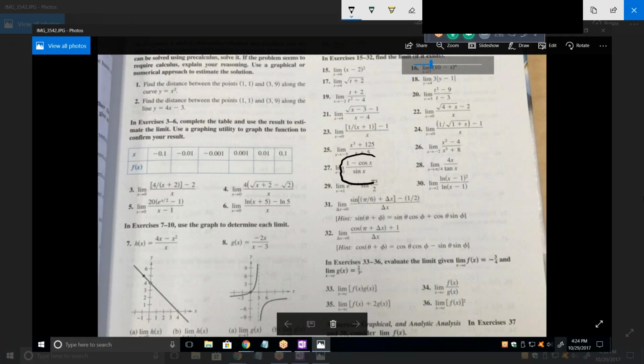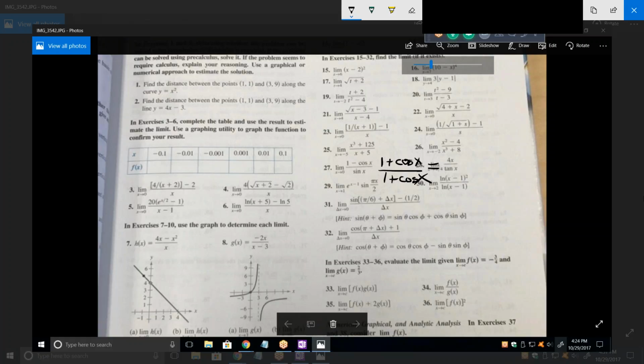That is 0 over 0, correct? Yes. Okay, so the way we need to solve this is to multiply by the conjugate also. We want to multiply this by 1 plus cosine of x, both top and bottom. And notice why.